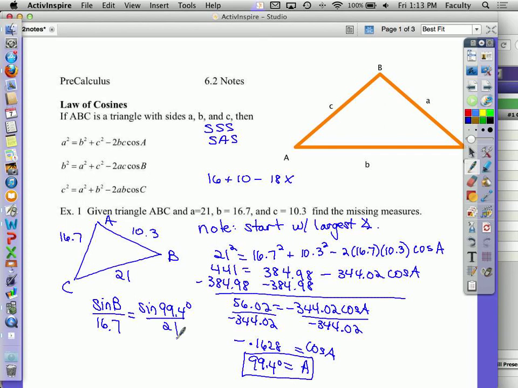Okay? And just cross multiply. I got angle B was 51.7 degrees. Now you can add those two angles, subtract from 180 to find angle C. So whenever possible, start with the largest angle. Minimum, use law of cosines once.